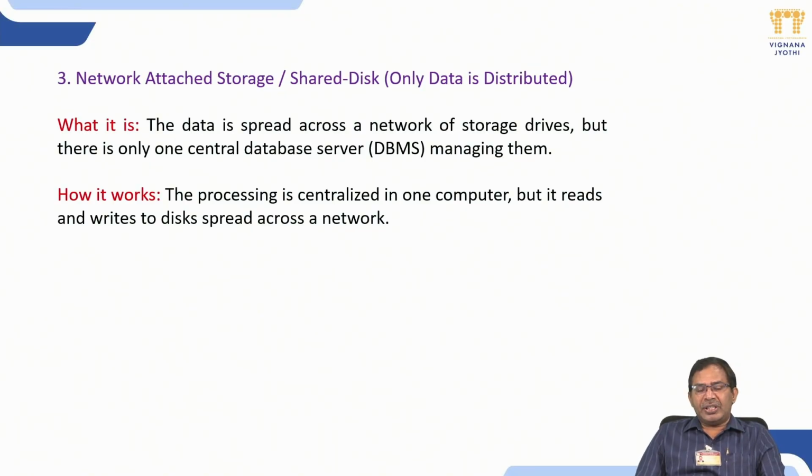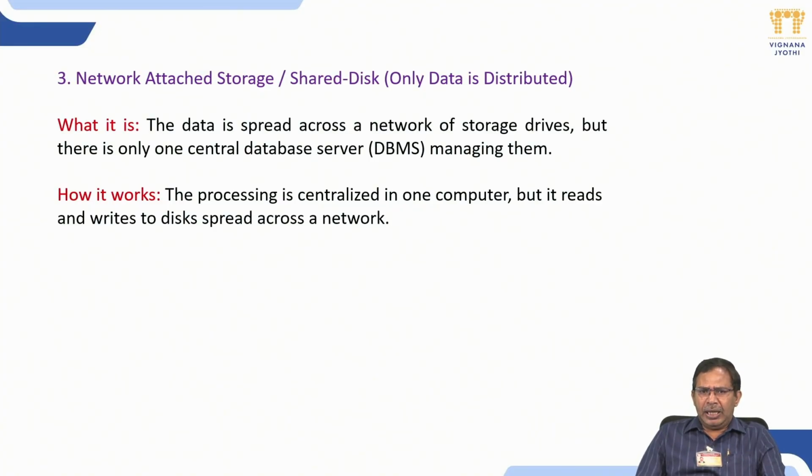The processing is centralized in one computer, but it reads and writes to disks spread across the network. Through this centralized computer, you are able to process the query, provide the response, and submit it to the nodes which are scattered across the world.